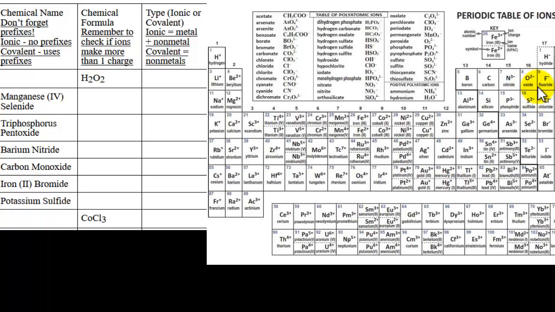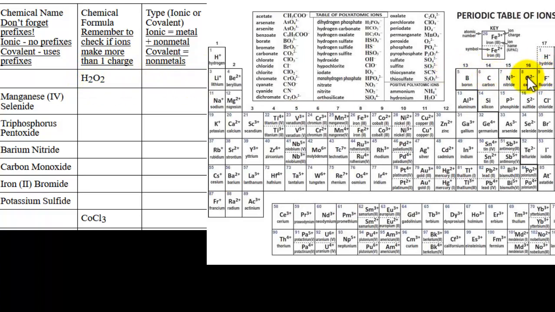So for the first example here, it's got a formula of H2O2. And I need to know whether or not I should be using the ionic or covalent nomenclature. That's naming. Well, if you take a look, hydrogen and oxygen are both nonmetals.